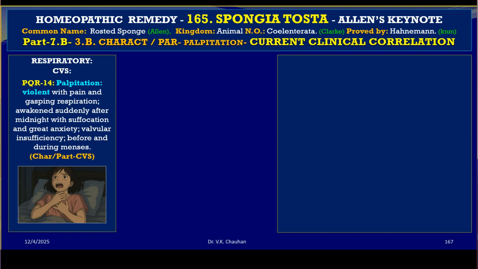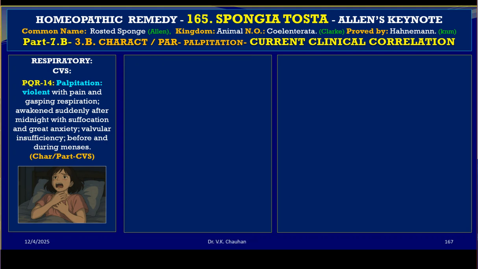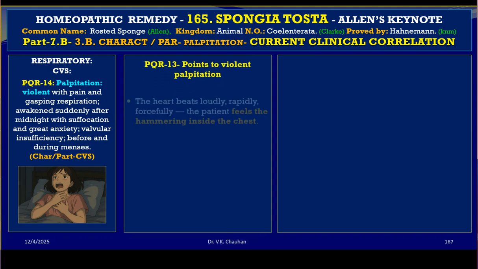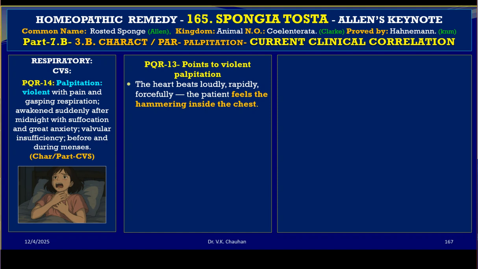Let us see. Palpitation is there. Pain is there. Respiratory distress is there. Worse at midnight is there. Anxiety is there. Valvular insufficiency is there. So this small sentence includes multiple problems. The heart beats loudly, rapidly, forcefully.